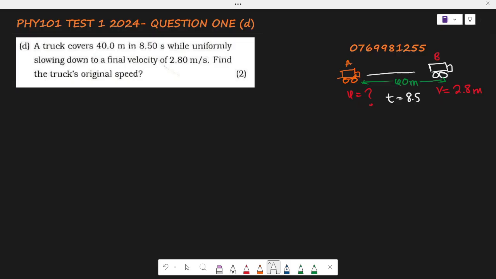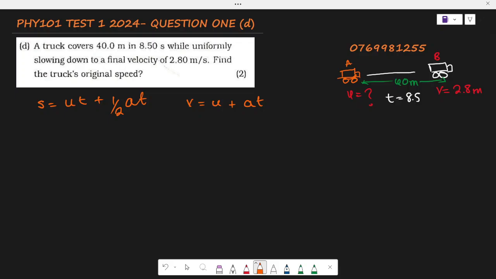So to do that, we're going to employ two simple formulas. Our first formula will be s is equal to ut plus 1 over 2 at squared. And our second formula will be final velocity is equal to the initial velocity plus the multiplication of the acceleration times the time.